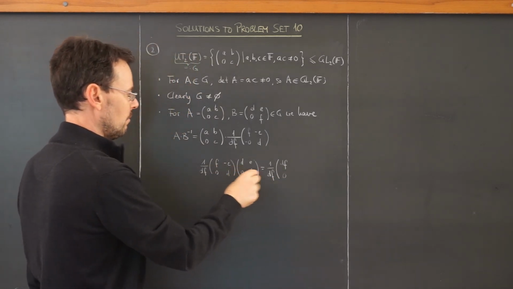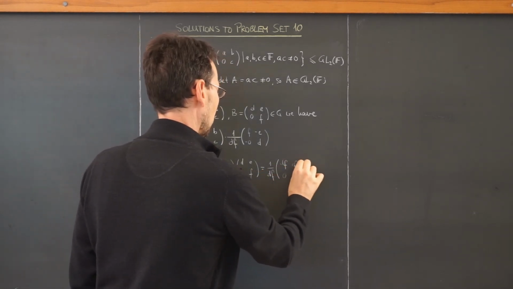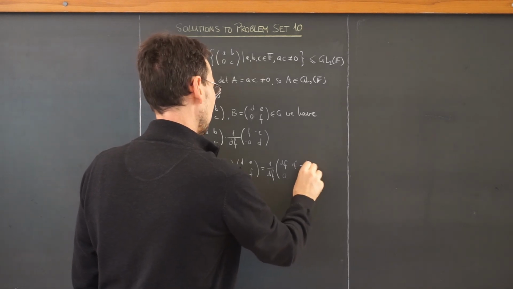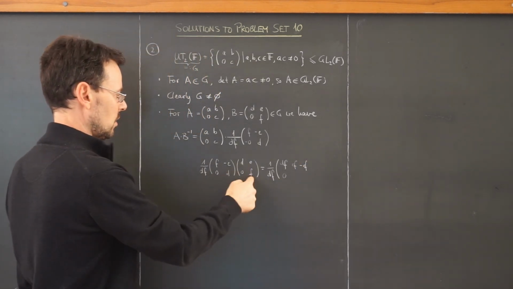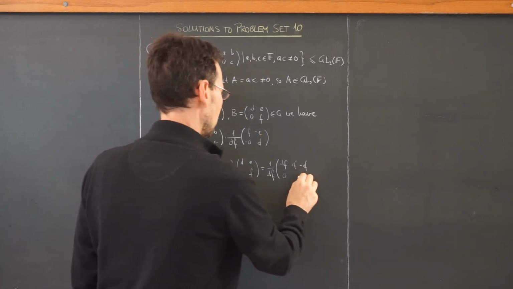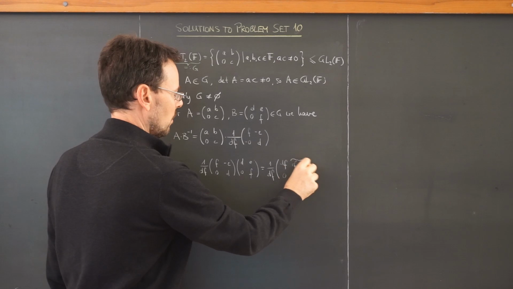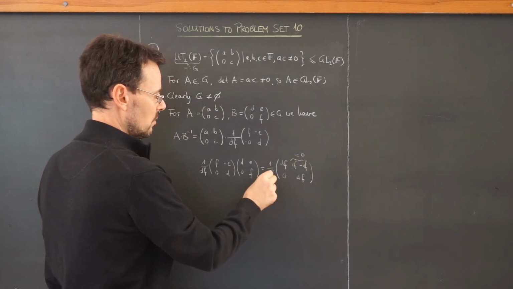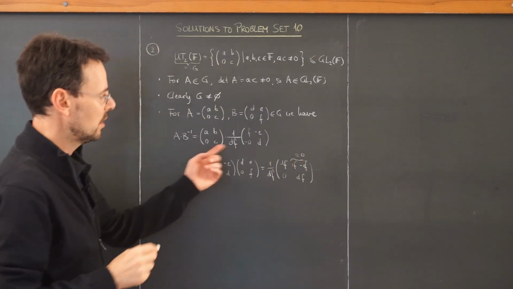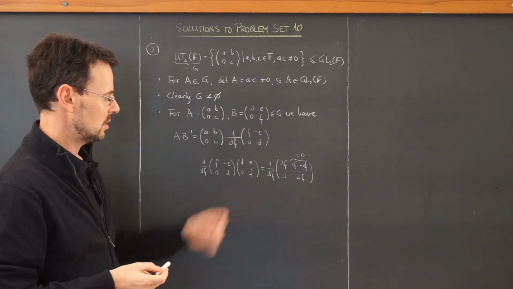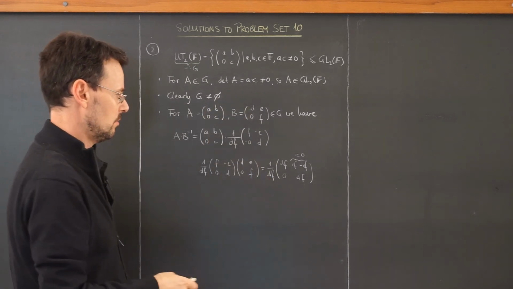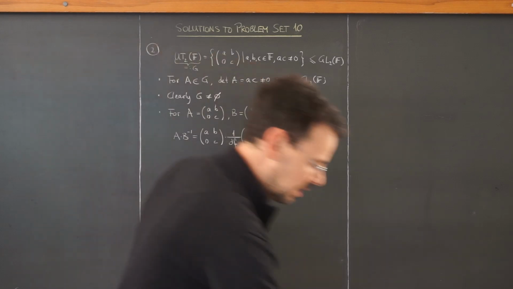And then EF minus EF is 0, which is good. And then down here we end up with DF. All right, that looks good. This here is 0, and here I can cancel. And this, by assumption, is not 0, so this is allowed. So we end up with the identity matrix.